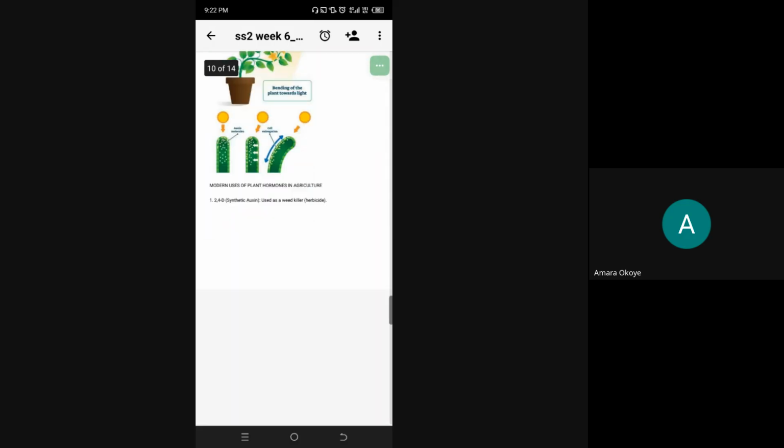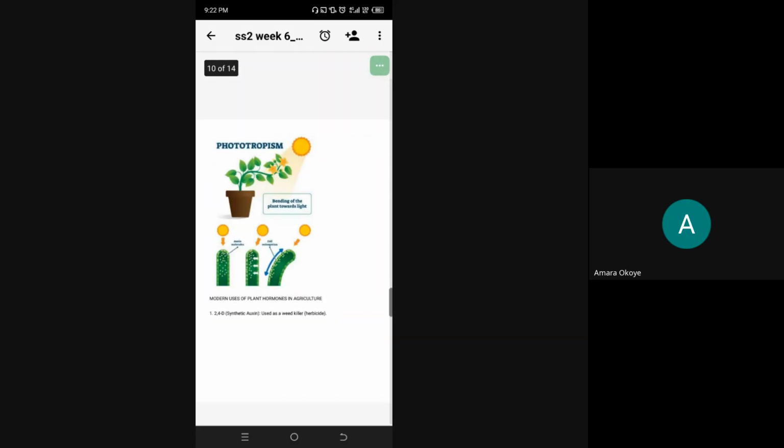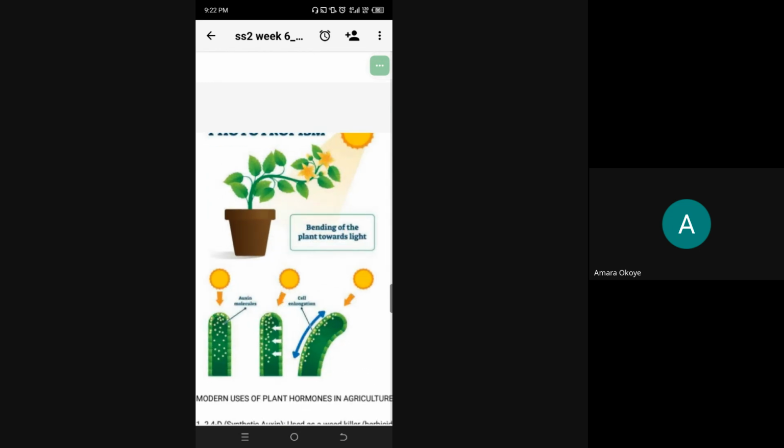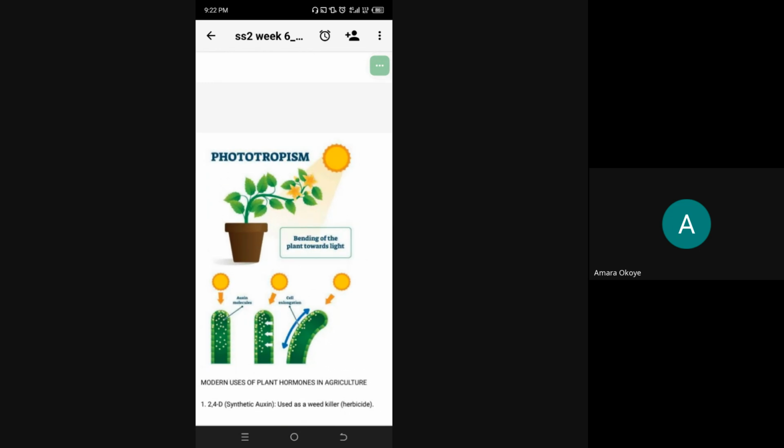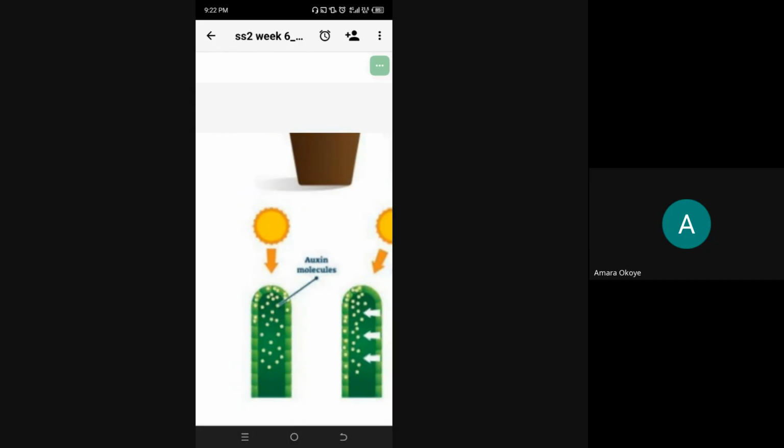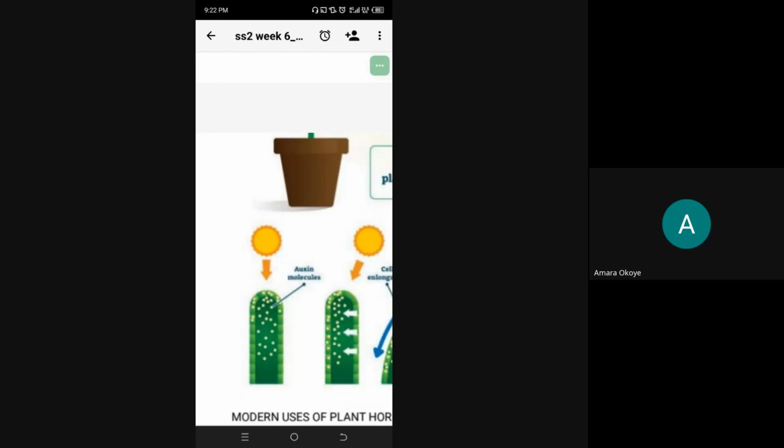So this diagram is representing phototropism. It depends on the position of the sun. If the sun is directly above the plant, in the middle, you observe those tiny things that are around inside the diagram.